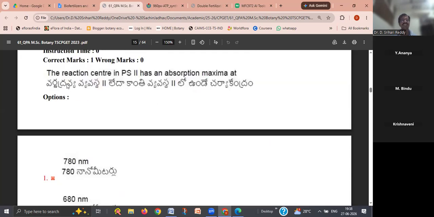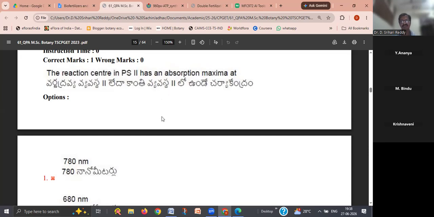The next one is the reaction center in photosystem 2 has an absorption maximum. There are two photosystems involved in the light phase, photosystem 1 and photosystem 2, which we already discussed, present in the thylakoid membrane, and they have reaction centers.